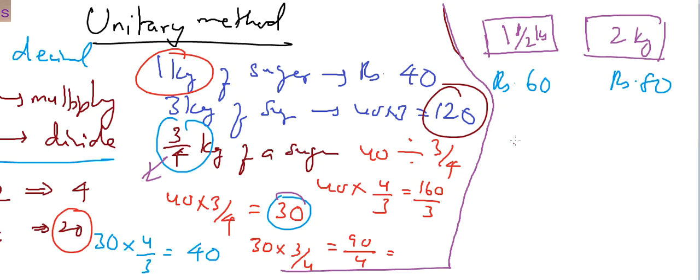Let's say he picks up 1.5 kg packets of grapes. In that case, whatever money is available with him, he is able to buy, let's say, 8 boxes of 1.5 kg grapes.